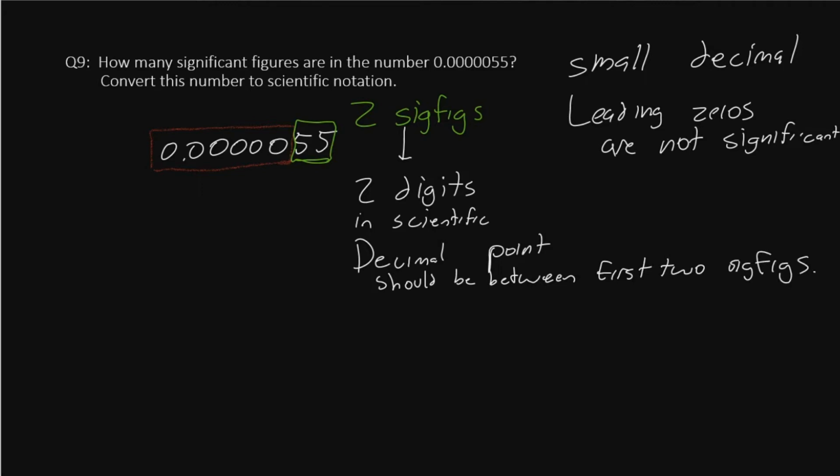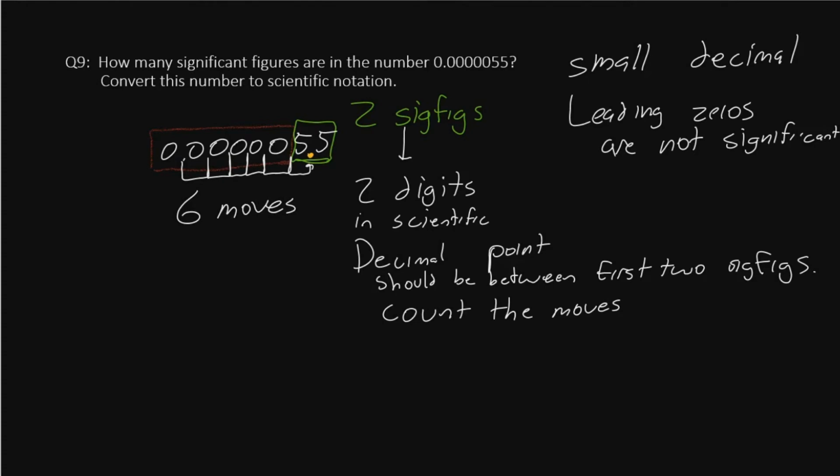So let's place a yellow marker where we want the decimal point to be, and now we count the moves. So here we go. 1, 2, 3, 4, 5, 6.